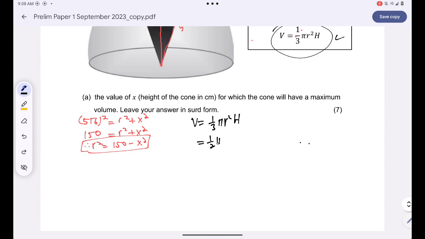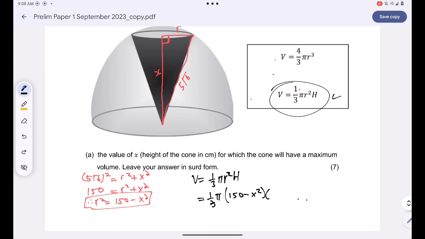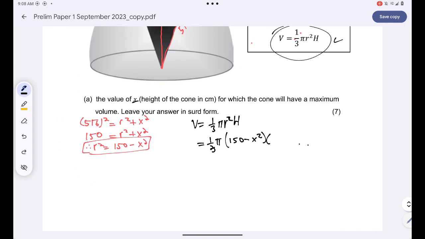We do know the value of r squared, right? R squared is equal to 150 minus x squared, and the value of h, which is the height, we were told that it is equal to x. So I have x over there now.